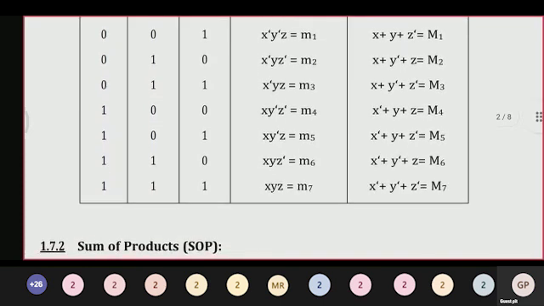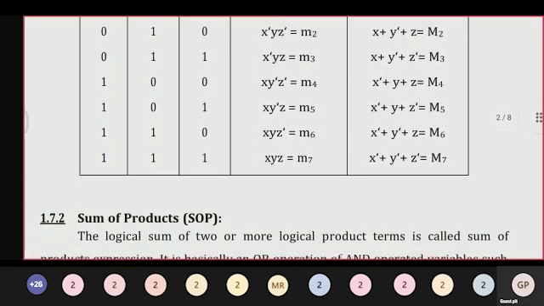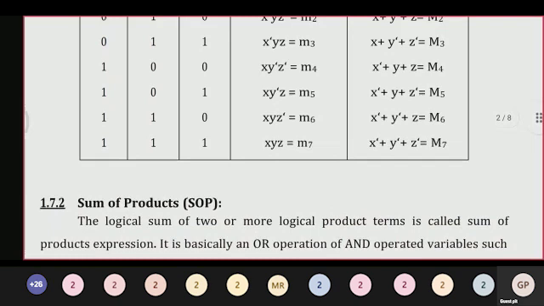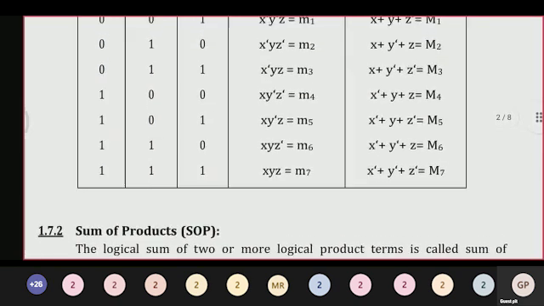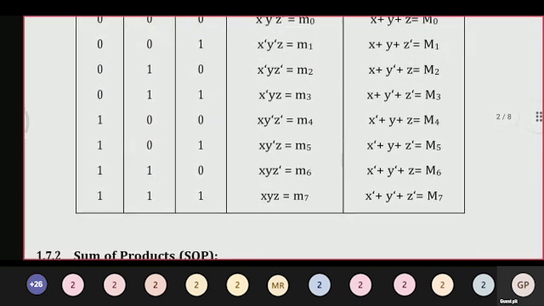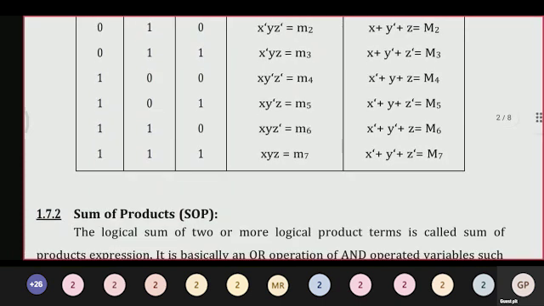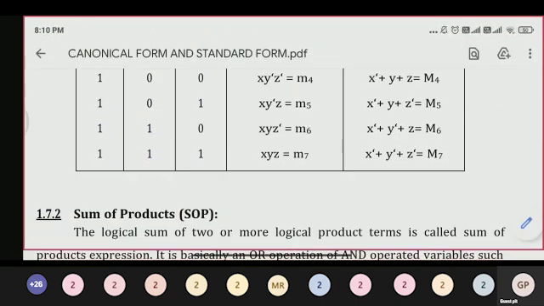It corresponds to min term m5. 1 1 0 is represented as x, y, z bar. It corresponds to min term m6. In a similar way, 1 1 1 is represented in min term as x y z, that corresponds to min term m7.